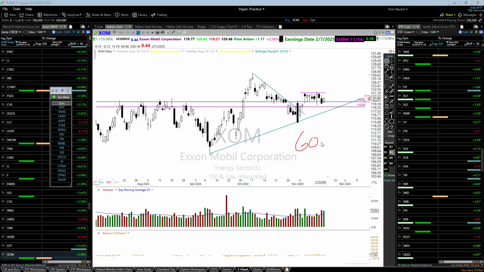Now the reason is because with 60 days plus, if this has to rest, see how this is away from trend here? If this has to rest over to here, if I have at least 60 days, I can handle that resting pattern before it takes off.